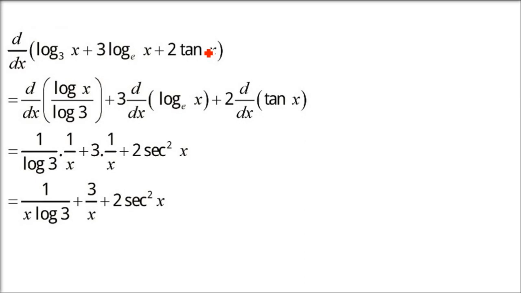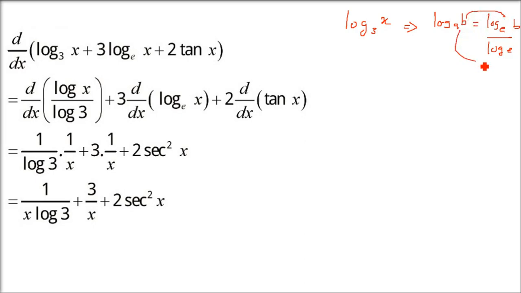Okay, how to deal with this? Let us take one by one. First of all, log 3 x. Now 3 is the base. When we were discussing first principle, I told you that when we have no e, the base is not e. So how to deal with this? If we have log a with base b, then you can take log e in the numerator and denominator, where b goes to the denominator and a to the numerator.